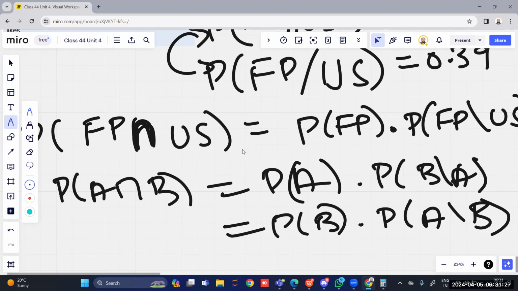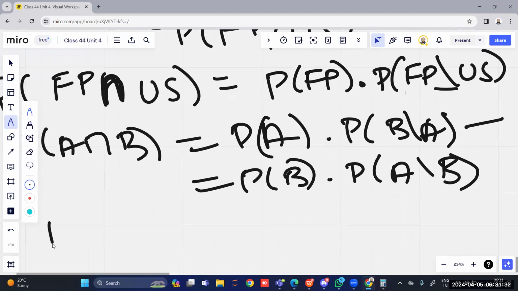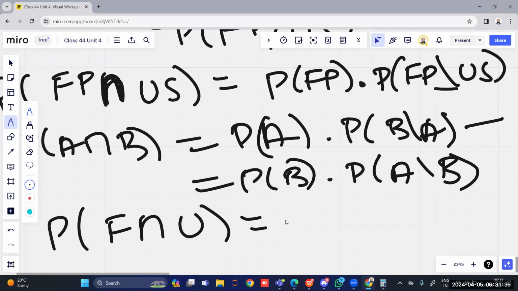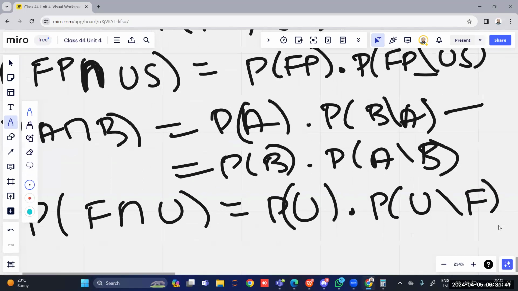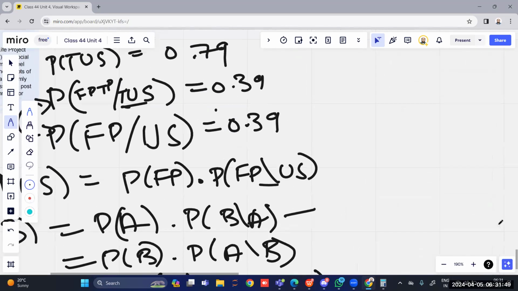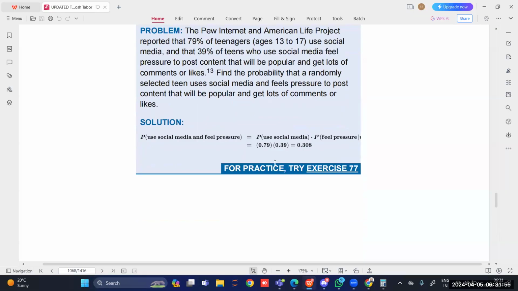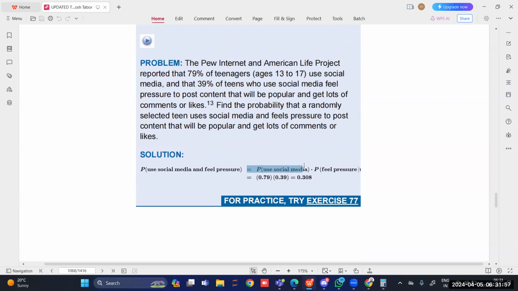So what I'll do now, this is not working. The first one I've used here is not working because we don't have these two. So I'll let F intersection U be the probability of U times the probability of U given F. Now I don't have U given F. Oh, yes, F given U. Wait a minute. What he has done is, uses social media means he's taken U, 0.39. We are taking teens who use social media.